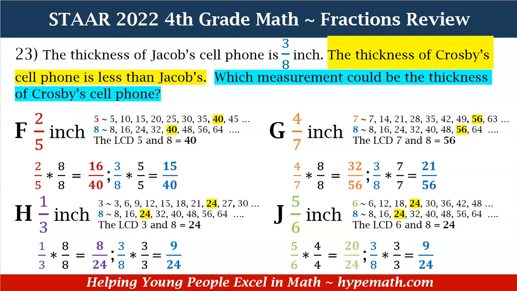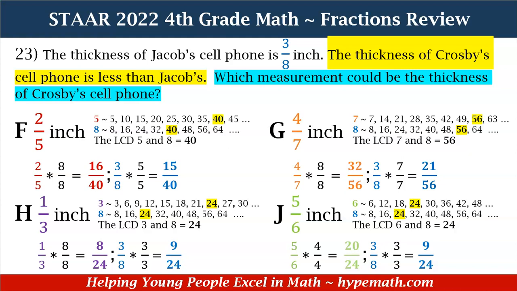And that is 8. So I'm multiplying my numerator and denominator by 8. Multiplying going across, 1 times 8 is equal to 8. 3 times 8 is equal to 24. So 8 over 24 is my equivalent fraction for 1/3.